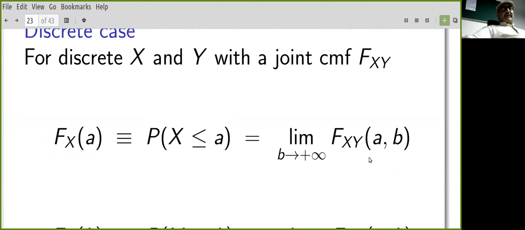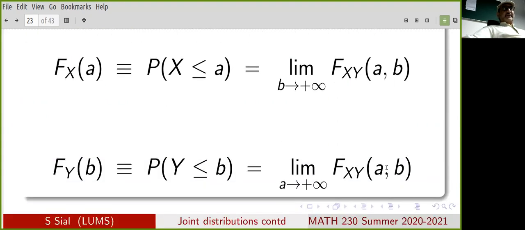And you can find that by taking f sub xy of a, b, and letting b go to positive infinity. If you want f sub y of b, that's the probability that y is less than or equal to b. So take the joint CDF at a, b, and let a go to infinity, and you will be left with f sub y of b.